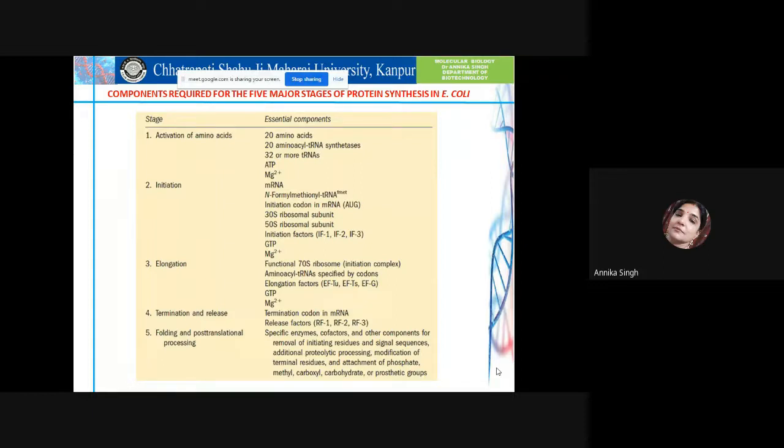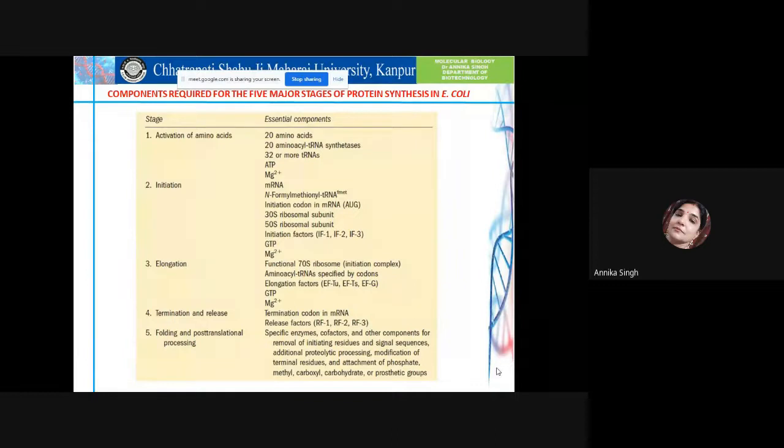In the first step, the activation of amino acid and charging of transfer RNA, it requires 20 different amino acids along with 20 amino acyl transfer RNA synthetases.